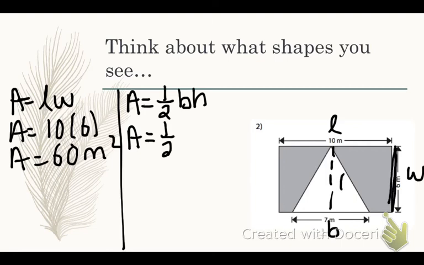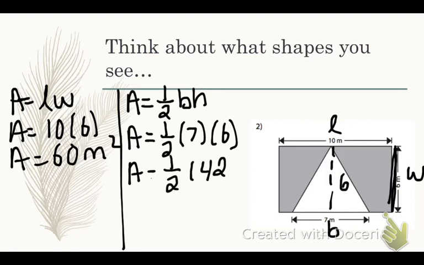So the height is 6. So 1/2 times 7 times 6, so A equals 1/2 times 42. And as we do with all triangles, we divide by 2, which is the same as multiplying by a half. So A equals 21 m squared.